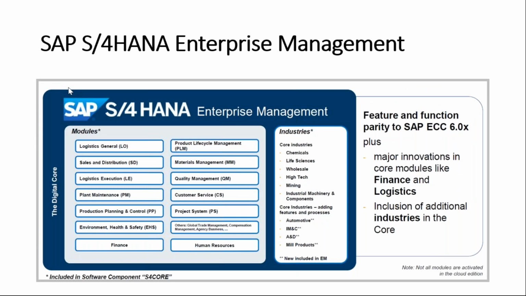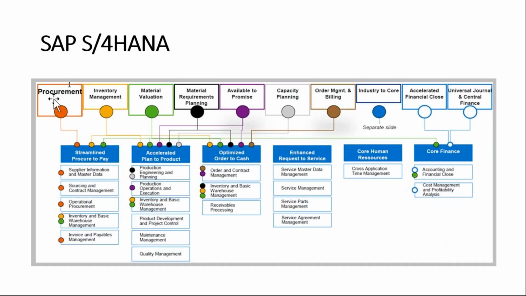Then coming to these areas, on which the entire improvements are happening from version to version, right? From 1511 to 1610 to 1709 to 1809.